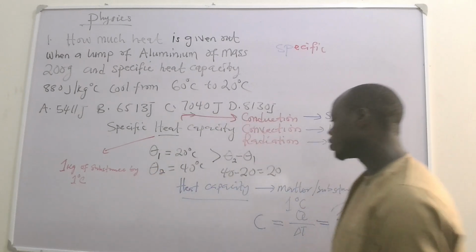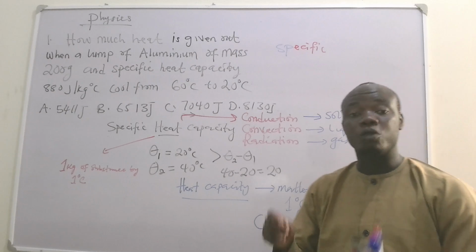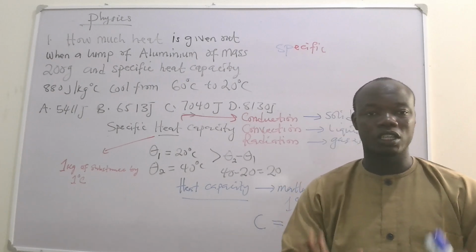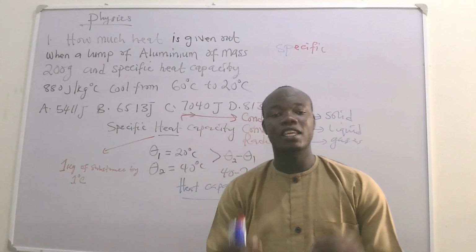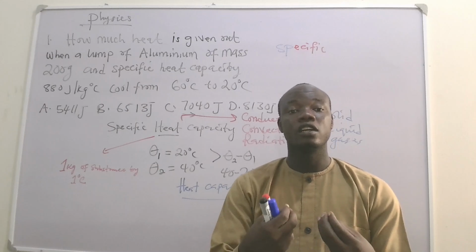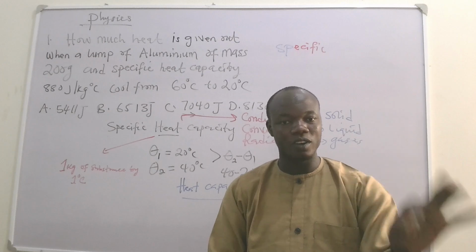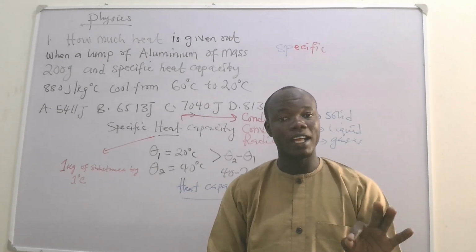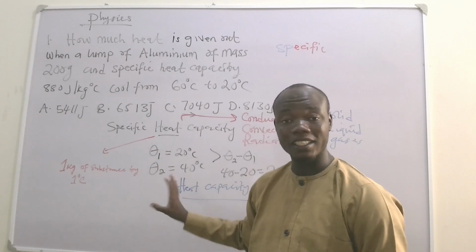So that is why this one is called specific heat capacity. Why is it specific? Because the mass of an object is specified as 1 kilogram. So specific heat capacity is the amount of heat that is required to increase the temperature of 1 kilogram of an object by 1 degree centigrade.